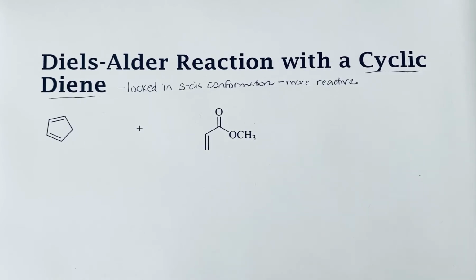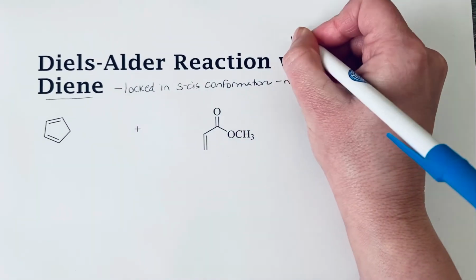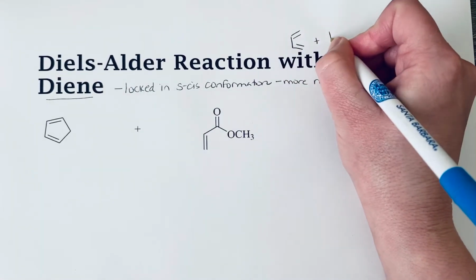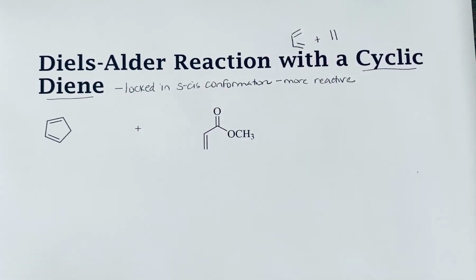All right, so whenever we're trying to draw the product of a Diels-Alder reaction, we want to locate the 6 carbon atoms that are involved in the reaction. So remember, here's your diene. You need at least 1 pi bond in your dienophile.